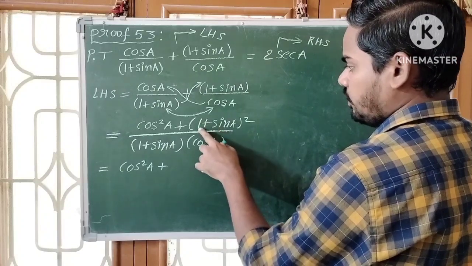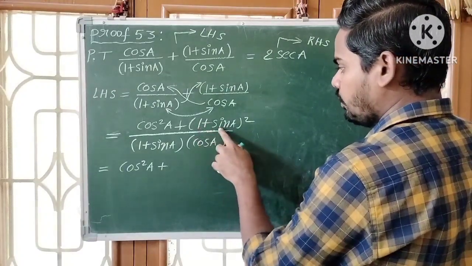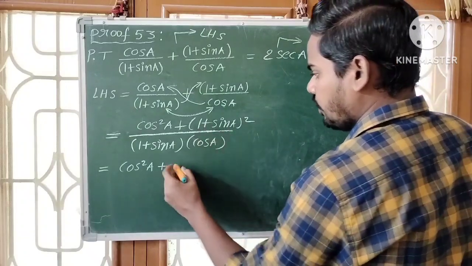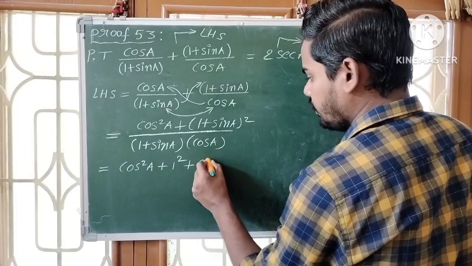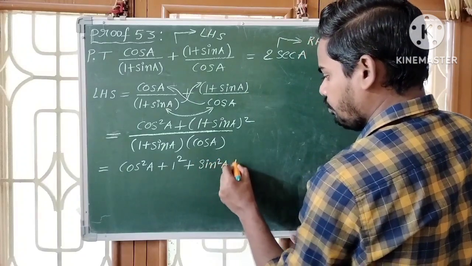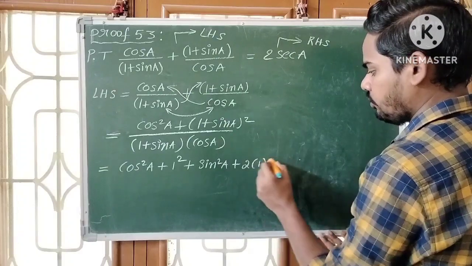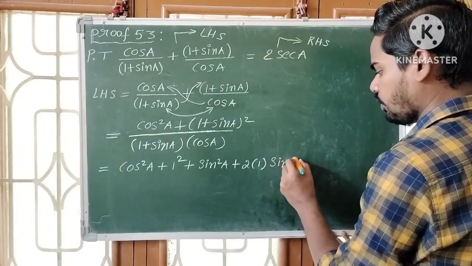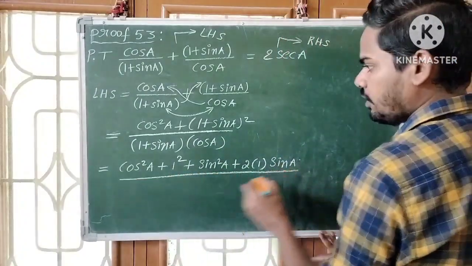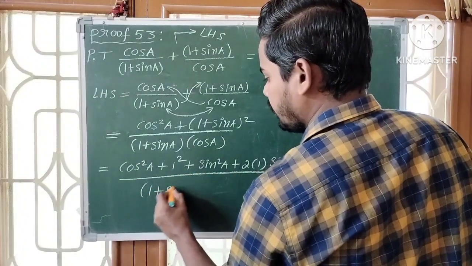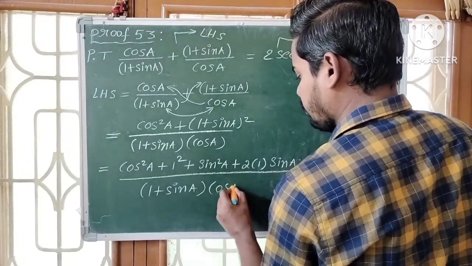This is like A plus B whole square, where A is equal to 1 and B is equal to sin A. A plus B whole square is A square, 1 square, plus B square, sin square A, plus 2AB, 2 into 1 into sin A. Now just expand 1 plus sin A whole square, all divided by 1 plus sin A into cos A.